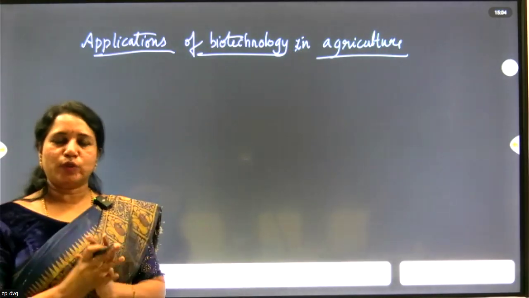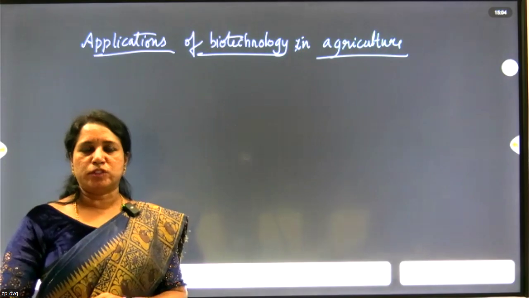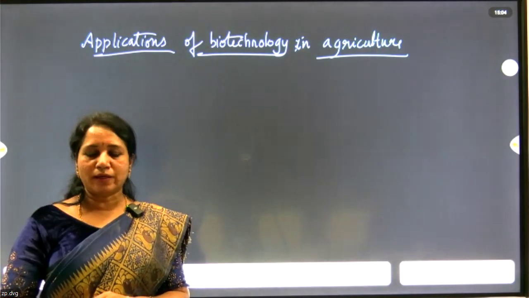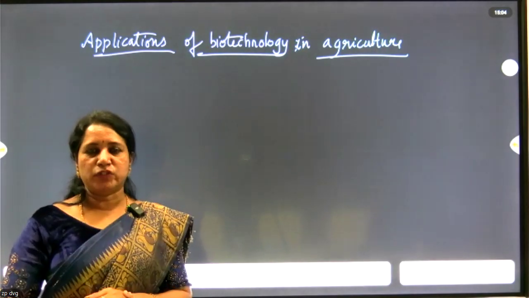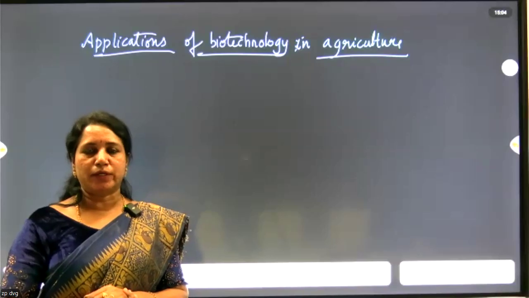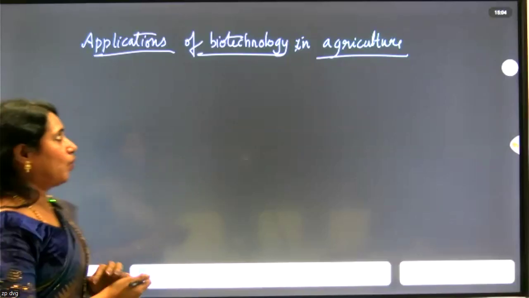There are three options, and you can go with any of them. If you have a main profession as an agriculturist, then you can opt for any of these three areas.